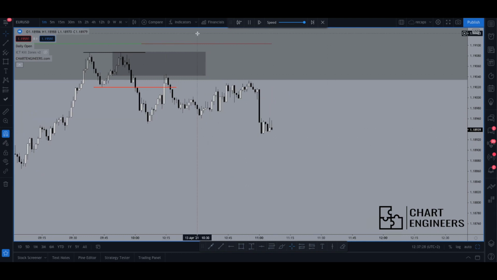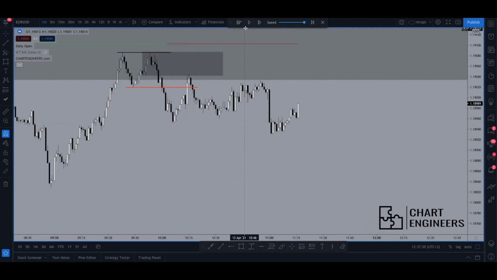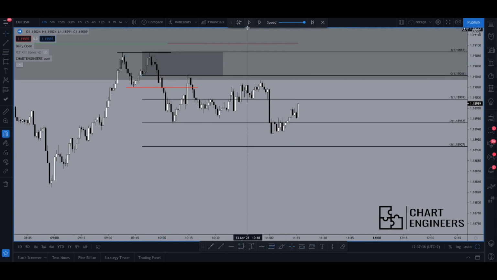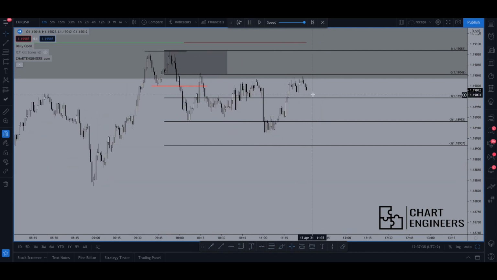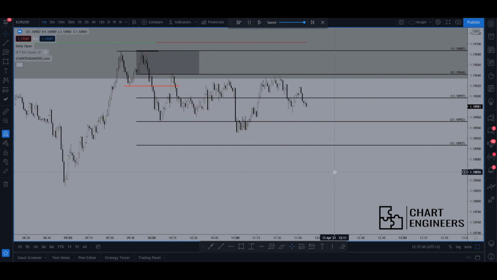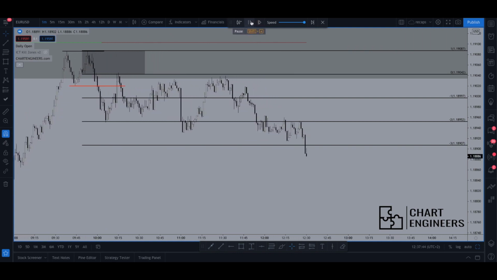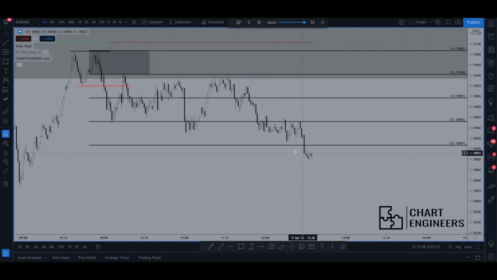It took some time though, but in the end I think they TP'd from there to here. It took some time though. And then here I think it smashed into the target right there. 3R was hit, 0 drawdown. It took some time, and then here was the TP.